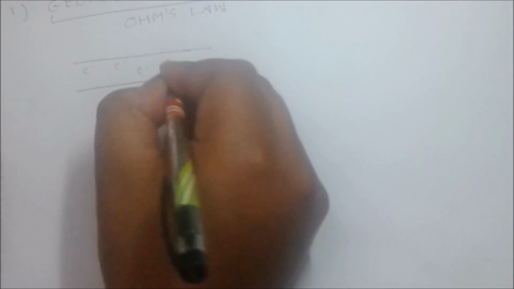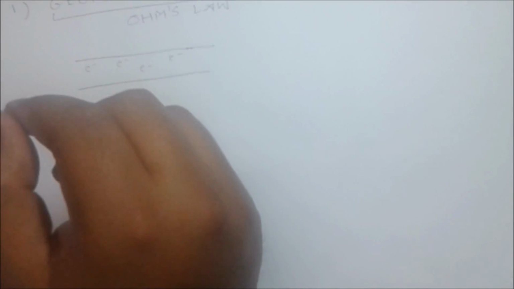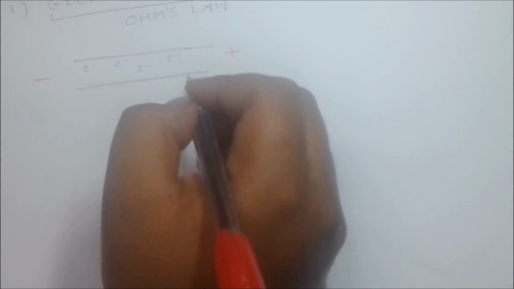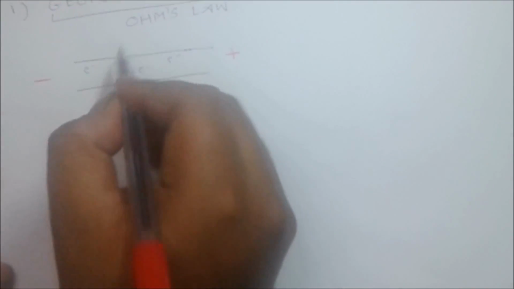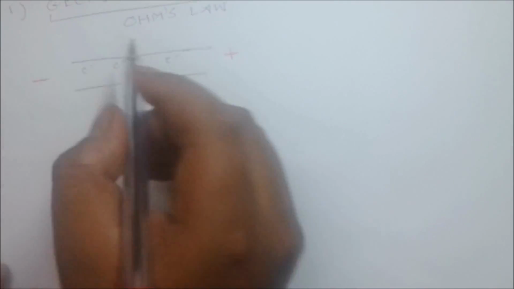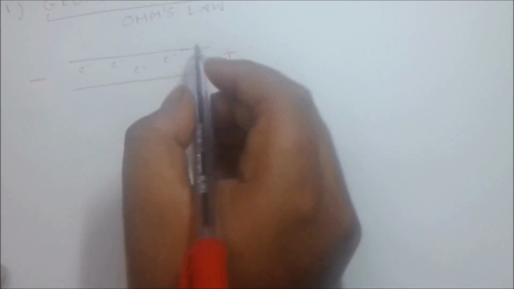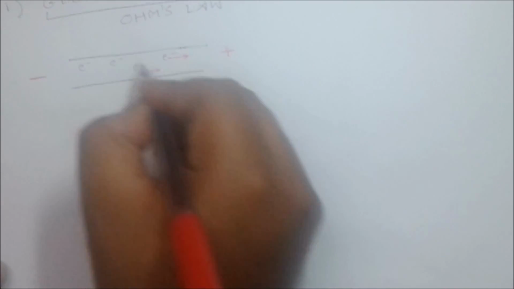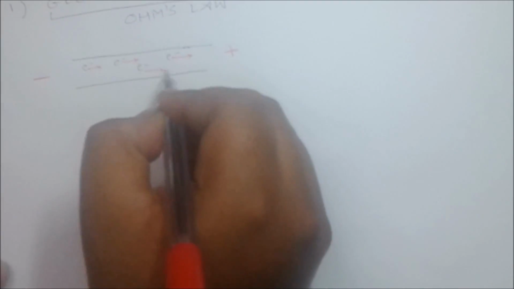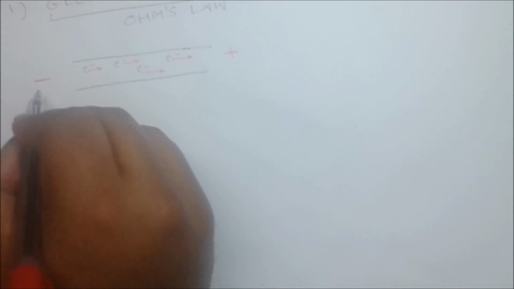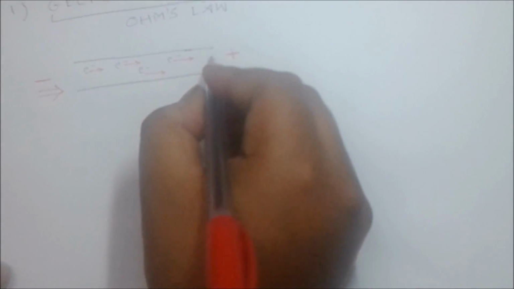Suppose we have a conductor, a conducting wire. This conducting wire has free electrons filled in it. Now, whenever a potential difference is applied across this conductor, these electrons move toward the positive terminal because of repelling force from the negative terminal and attracting force from the positive terminal.